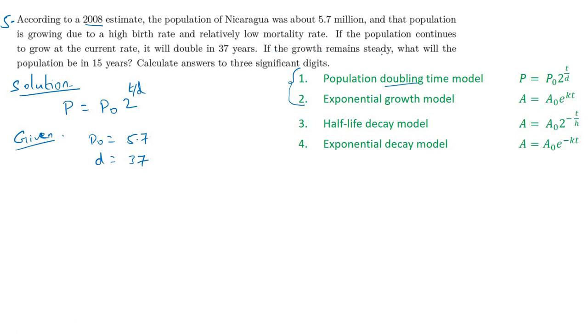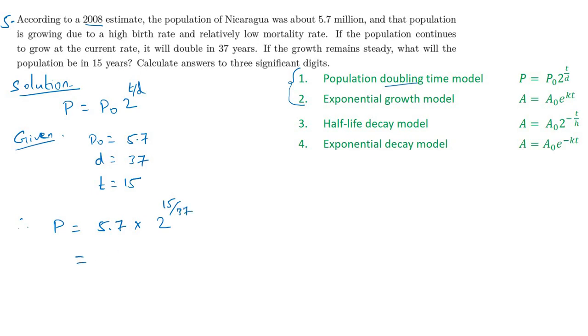If the growth remains steady, what will be the population in 15 years? 15 years means what? When time t equal to 15, what will be the population? Just substitute in the formula. Therefore, P equal to P naught value 5.7 into 2 power T value 15 divided by D value 37.